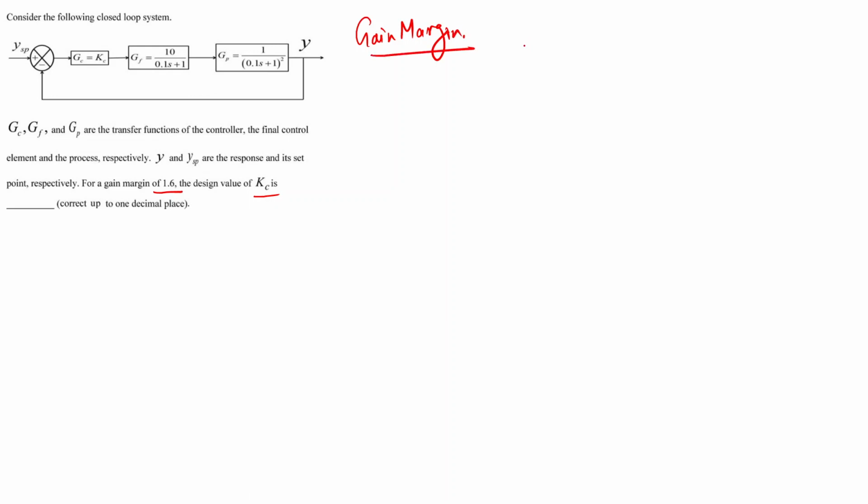We define the gain margin as the inverse of the amplitude ratio at the phase crossover frequency. That is, we can write gain margin is equal to 1 upon amplitude ratio at omega equal to omega C0, where this is the phase crossover frequency.